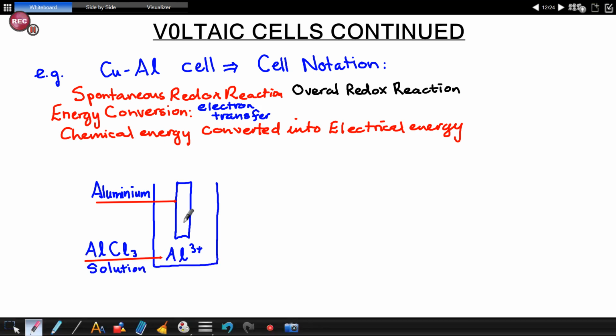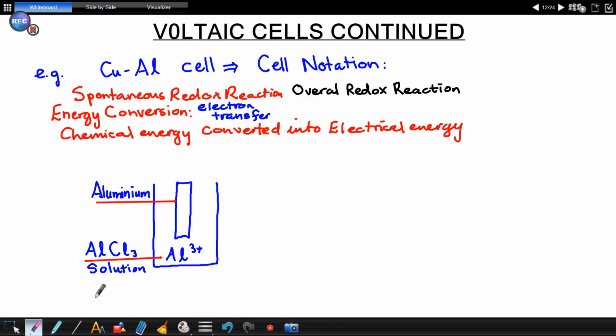But the electron flow between aluminium 3+ and aluminium, you can't use that flow of electrons. And for every 3 electrons that comes from an atom, there will be an ion coming out of solution, while there's an atom going into solution as an ion. You hear what I'm saying?